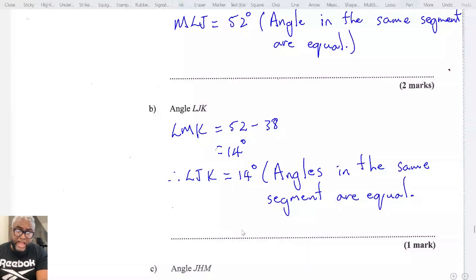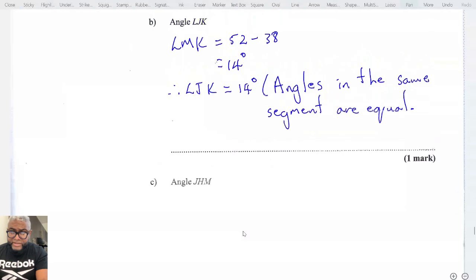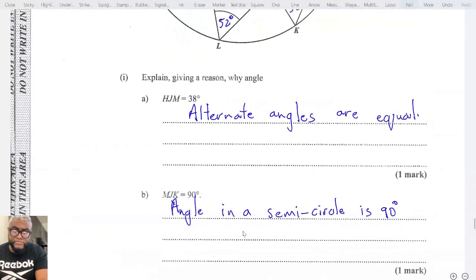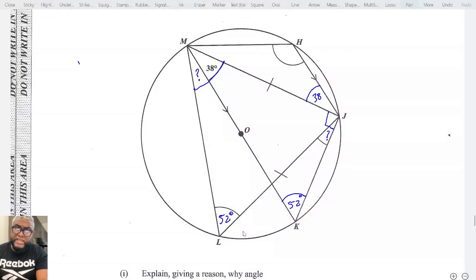Let me see if we could do JHM one time, because that's the last question we're doing for today. JHM is up here. That's the easiest thing here. No, the isosceles angle is here. What are you seeing? Anybody seeing anything here? Come on, we're not leaving here until I tell you what to do for this one.